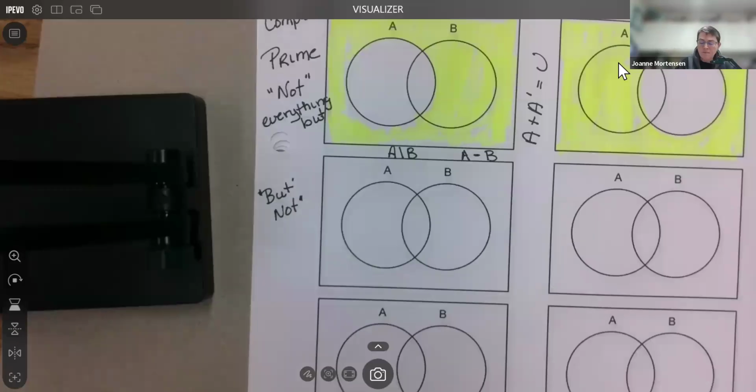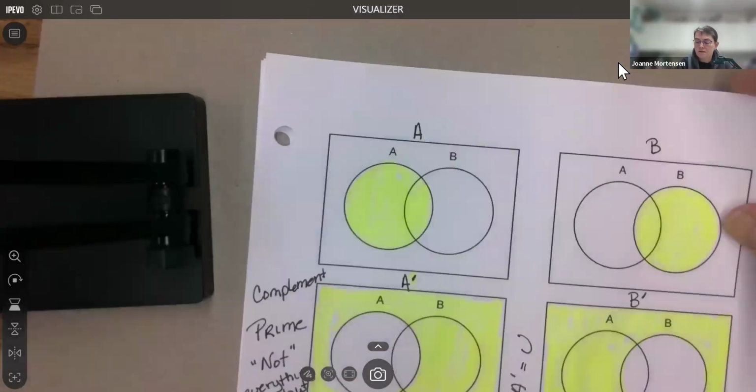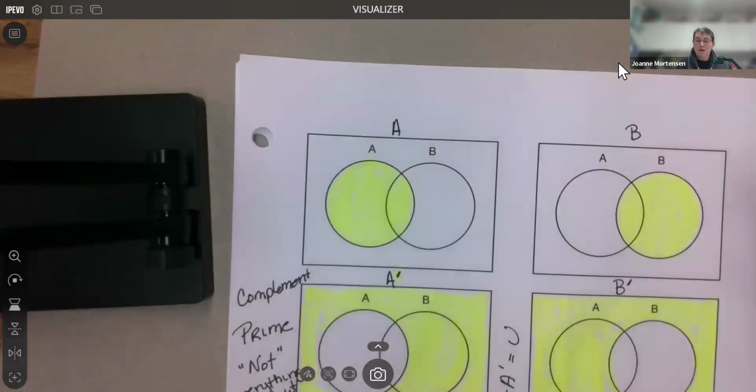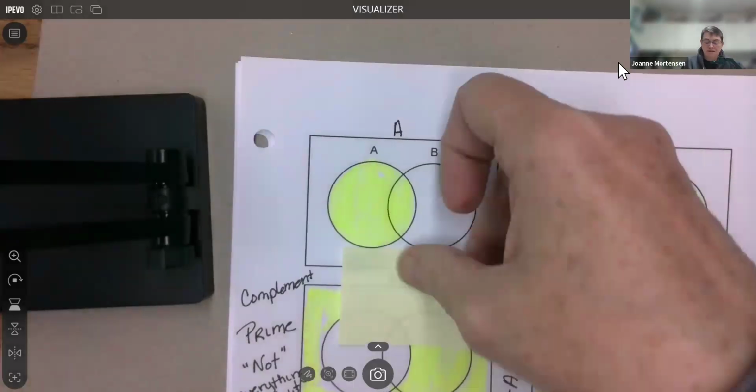Okay, so think about circle. Let me go back up here to circle A. So A but not, hold on, I'll be right back. I just want to remind myself what I'm doing.